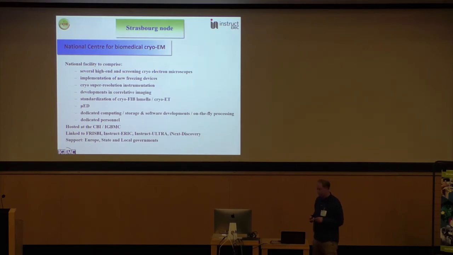Microelectron diffraction also is coming, and this we will implement in the future. Not only have storage and computing, but have really the dedicated developments associated to that. On-the-fly processing is a key example, but it's more than that. It's interfacing with the tools I was mentioning. This will be hosted here at the Center for Integrative Biology at IGBMC and linked to the infrastructure, so that it will be accessible.